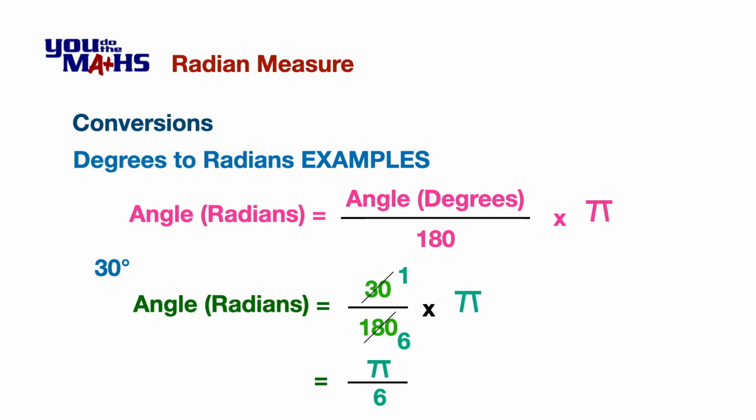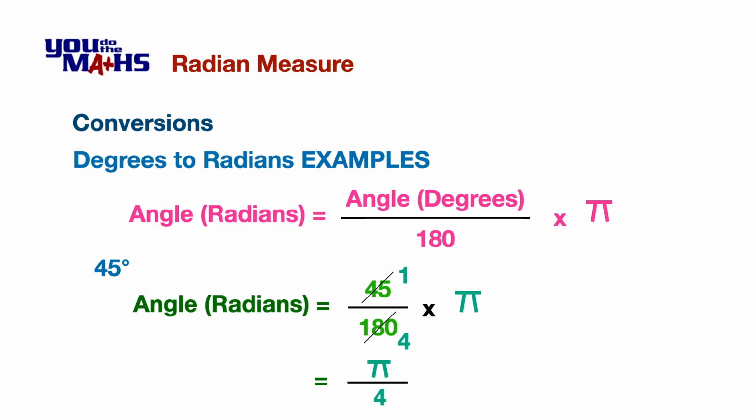Now let's have a look at 45 degrees. We do the same thing and express it as a fraction of 180 multiplied by pi. We know that 45 goes into itself once and into 180 4 times. So 45 degrees is 1/4 of 180 degrees, or in radians, 1/4 of pi, or pi on 4.